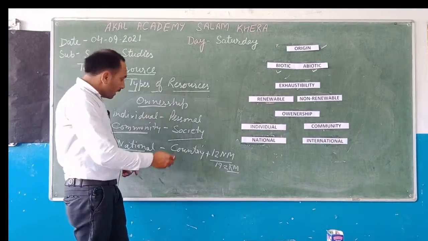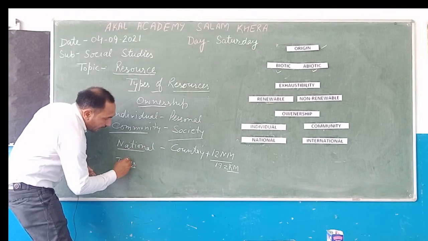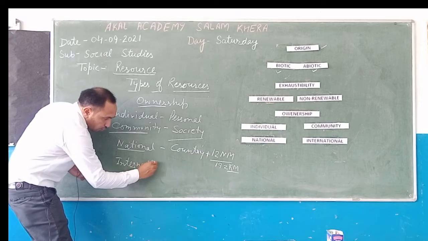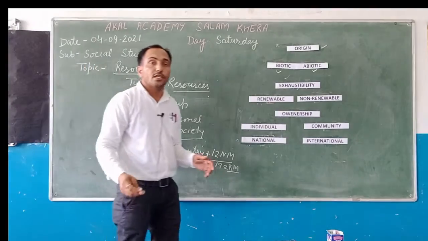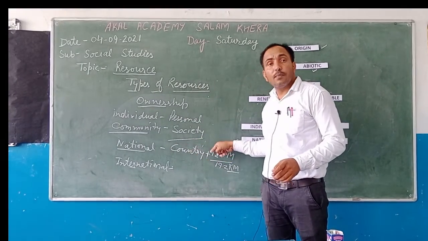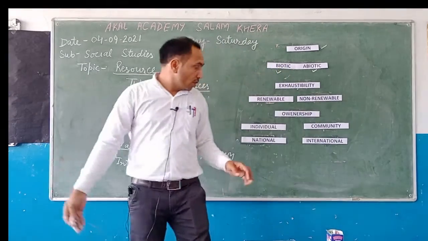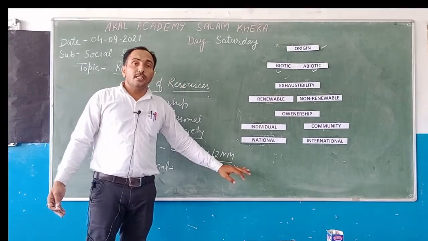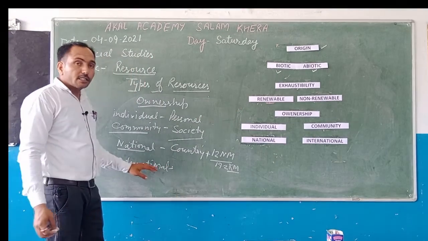The fourth resource is international. International resources are those beyond the boundary of any nation. The sea is near to us. After 19.2 kilometers in the sea, the area is not ours. That is the international boundary.